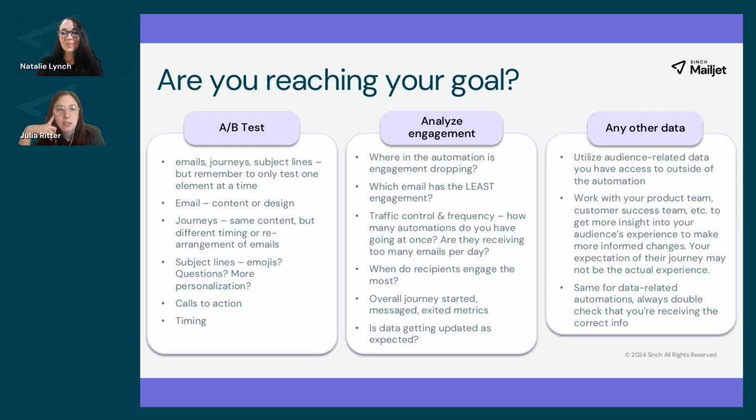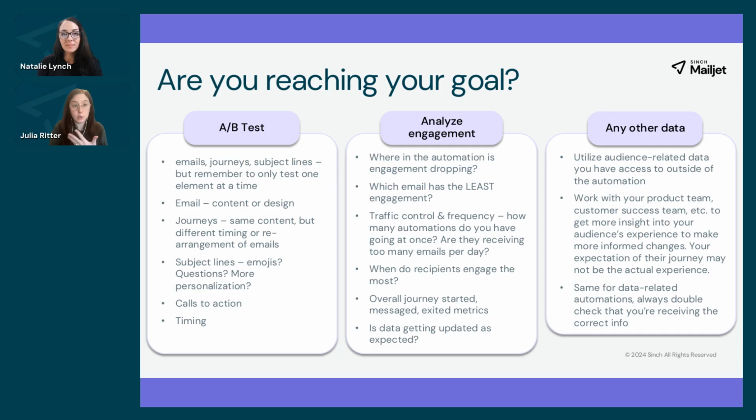The other data you can use is audience-related data that you may not have access to. I'll give an example. Natalie and I work very closely together. If I see people dropping off in our onboarding series, I'll go to Natalie and ask, what's the experience around this? People are signed up for two weeks at this point.